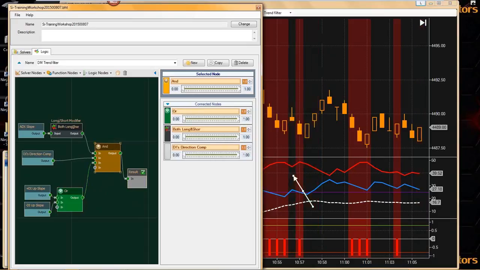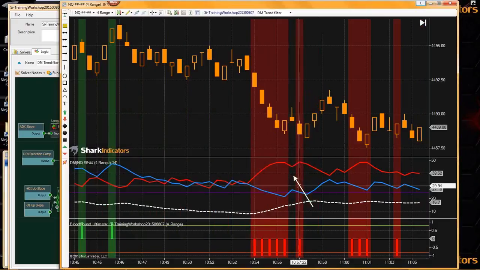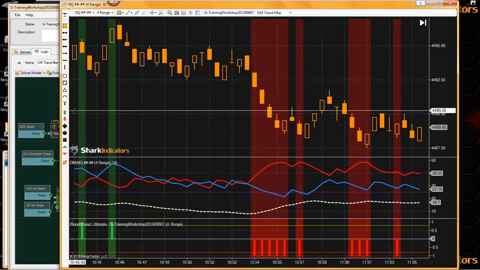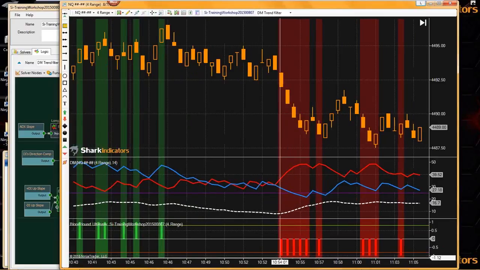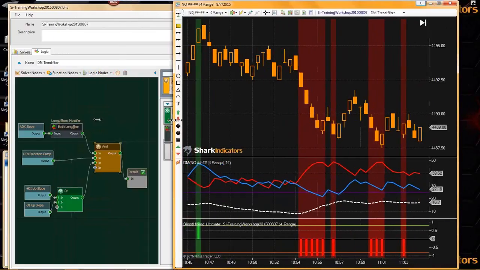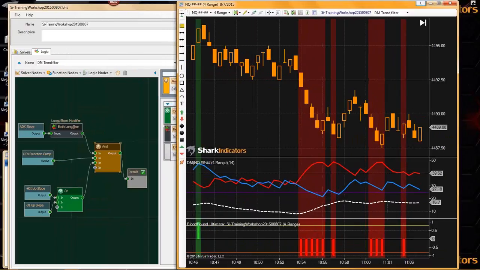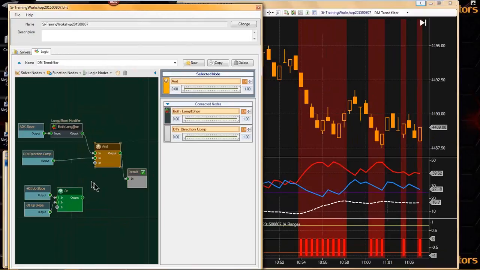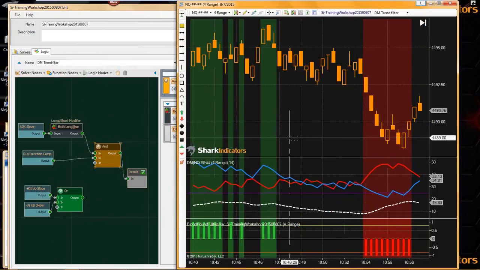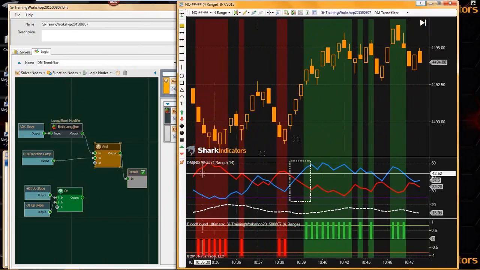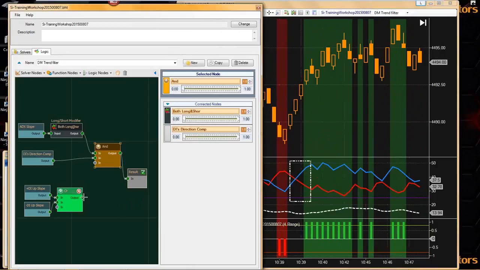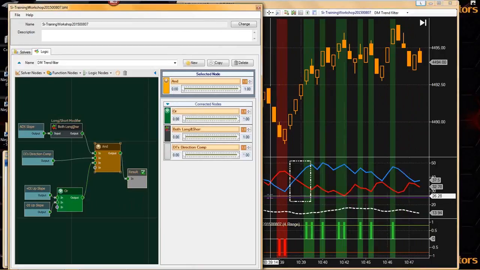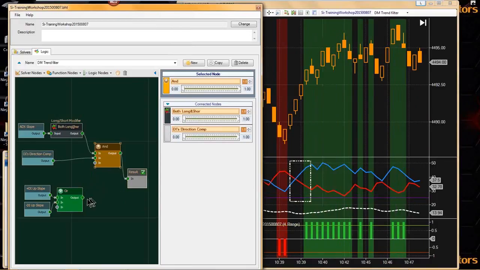I'll connect this guy up, and hopefully you can see that there is even additional filtering going on. So let me shrink the chart up. I'm going to disconnect this guy again. And let's see. Take a look here. So as I connect this up, we'll see a lot of those long signals disappeared. So we're adding additional filtering.